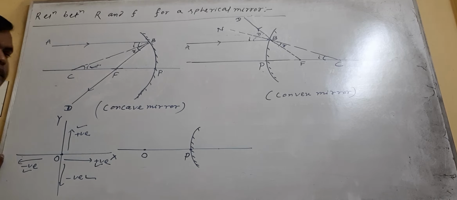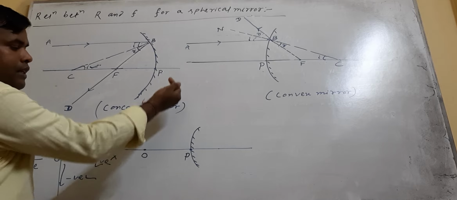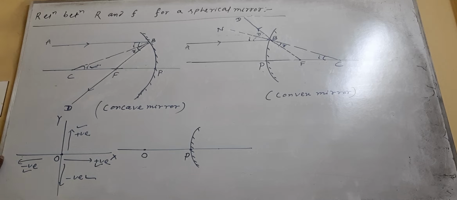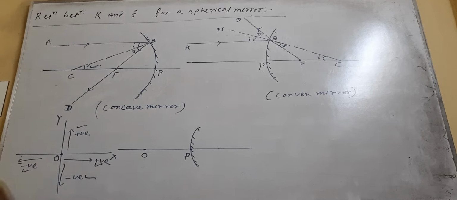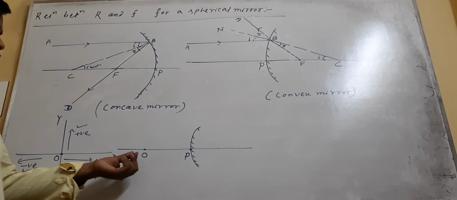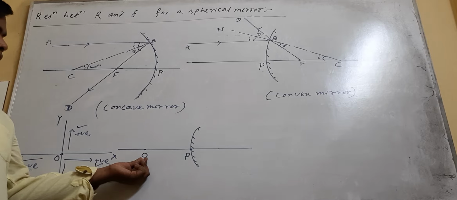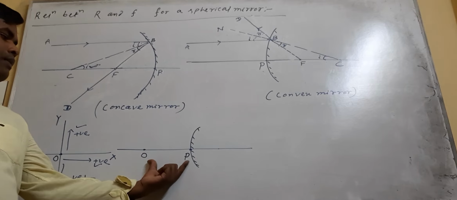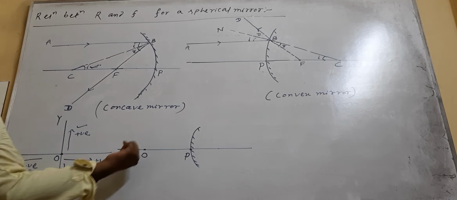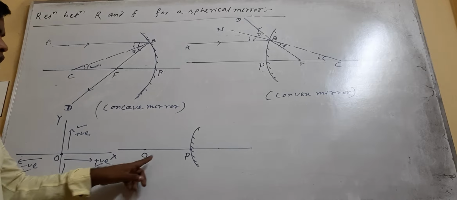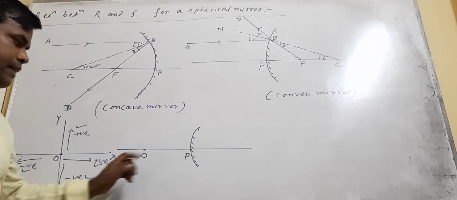Measurements above the principal axis are positive, and below the principal axis are negative. Suppose, for example, you place an object here. What will the object distance be? It is to the left of the pole, so the object distance will be negative.